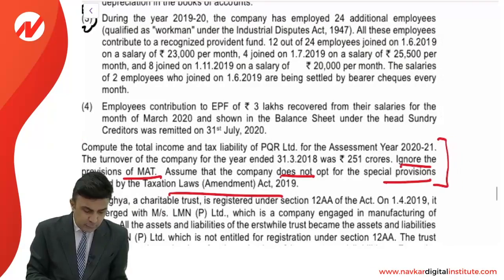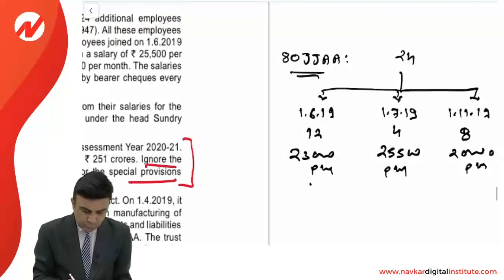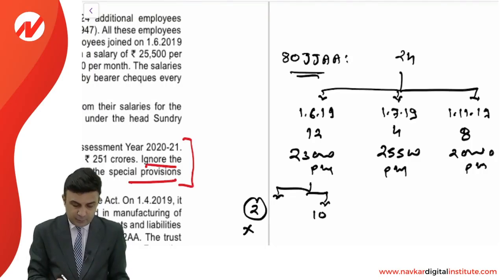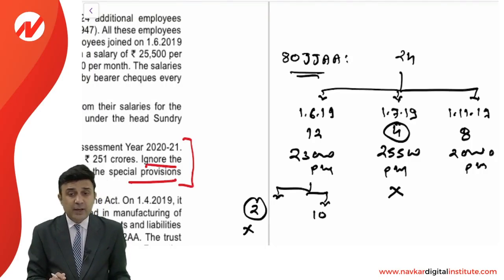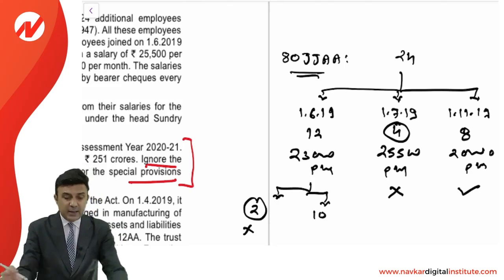Friends, the salary of 2 employees who join on 1/6/19 are being settled by bearer cheque. So, can I say out of this, 2 will not qualify, 10 will qualify. These 4 would not qualify. Why? Because their salary is above 25,000, and above 25,000 you are not going to be eligible, and these 8 employees would definitely be eligible.